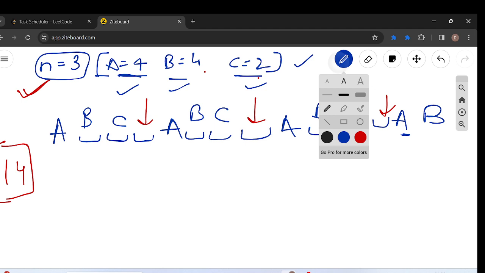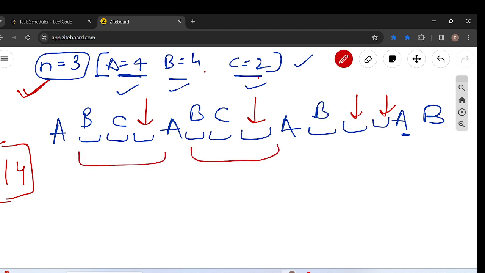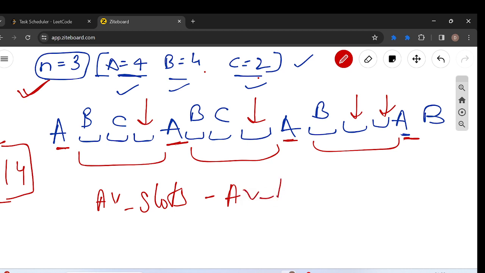It's easy: if we can find all these spaces, and subtract the available tasks, leaving the maximum frequency task character, from the available slots, then we can find the idle time.